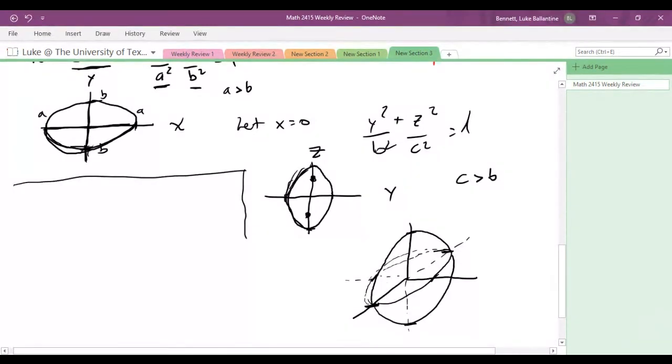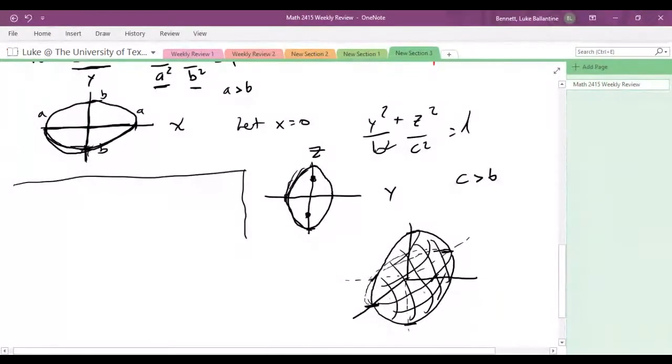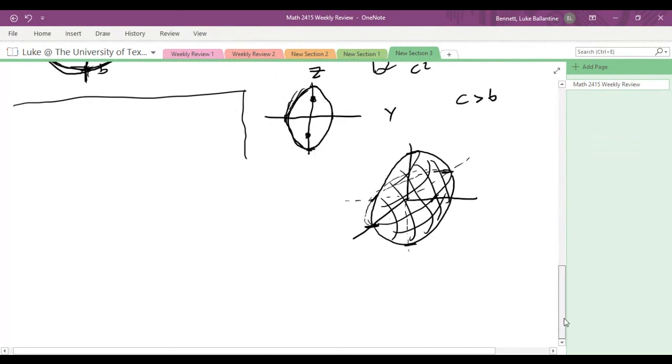So it's like a sphere, only it's longer on the z side and the x side. So yeah, rough sketch. Doesn't look too pretty, but gets the point across.